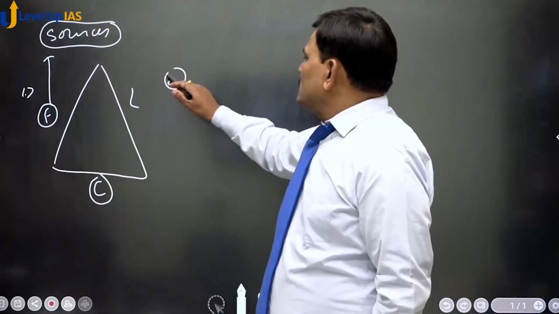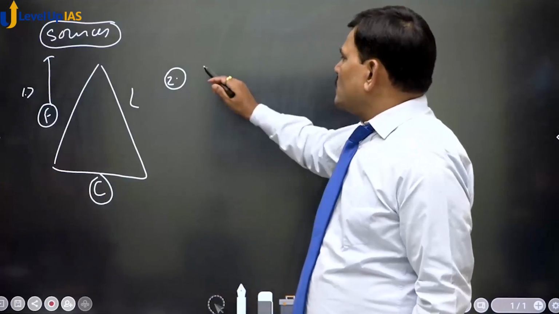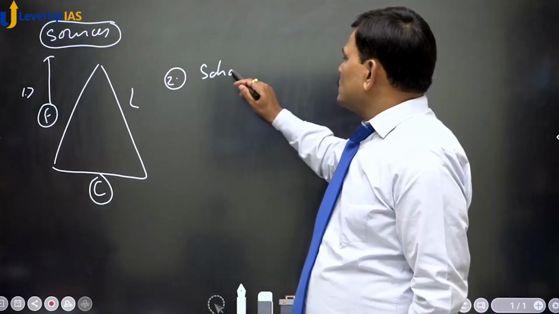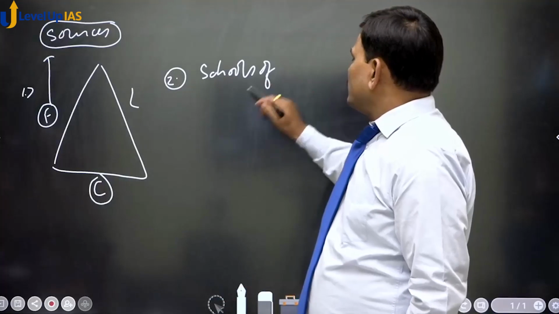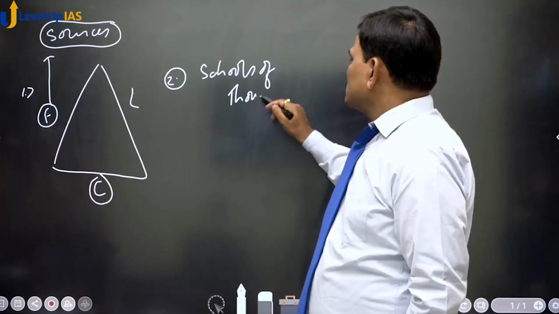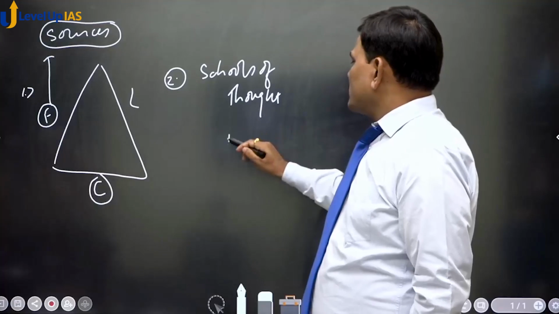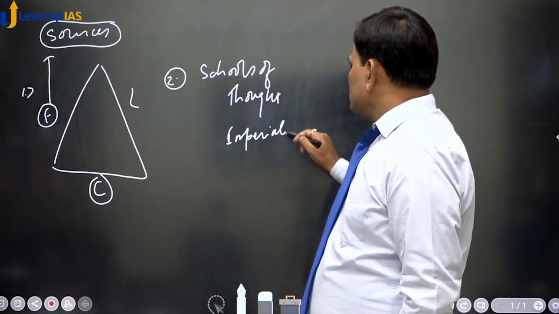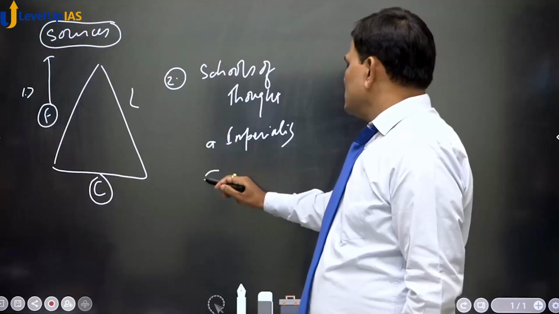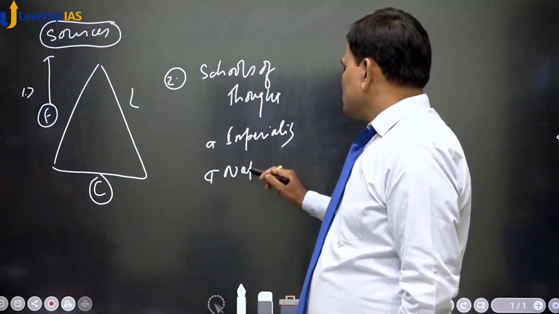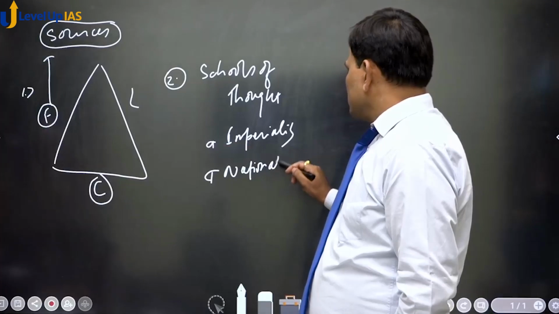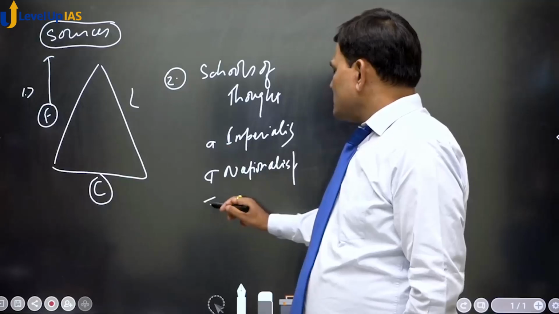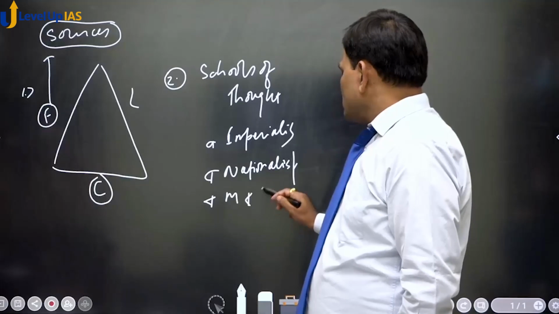Number two, I told you about the schools of thought, like imperialist or nationalist or Marxist or subaltern.